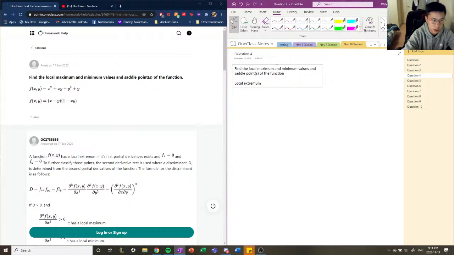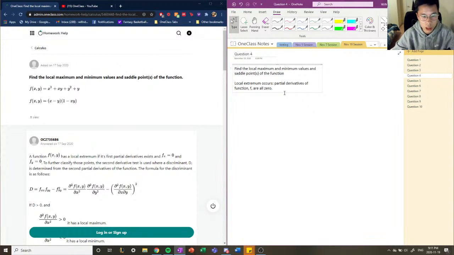So a local extremum occurs when the partial derivatives of function f, so this could be 2 variables, 3 variables, 4 variables, are all 0. So when the partial derivatives of function f are all 0, that means that at that point there is no rate of change in any direction. X, Y, Z, W, U, V, however many variables you have.